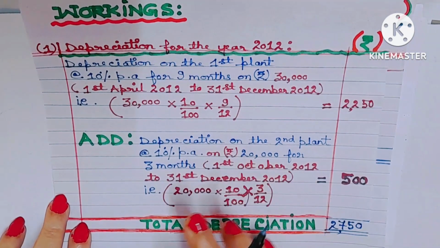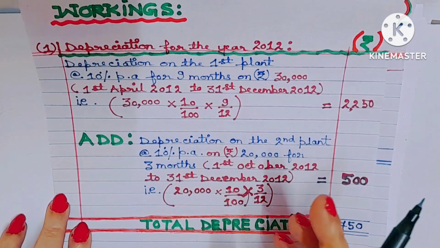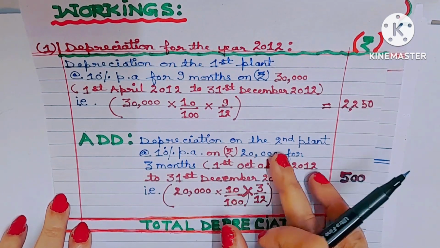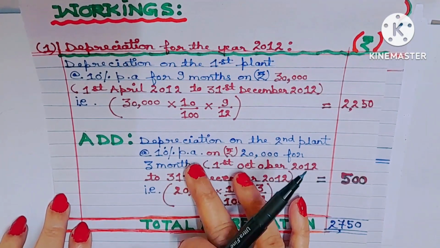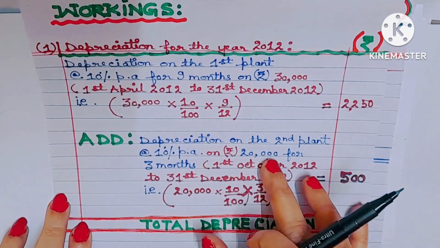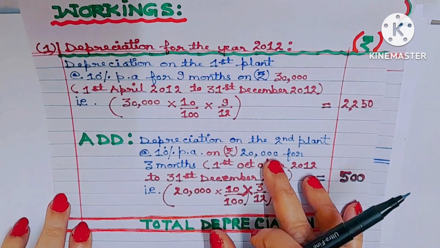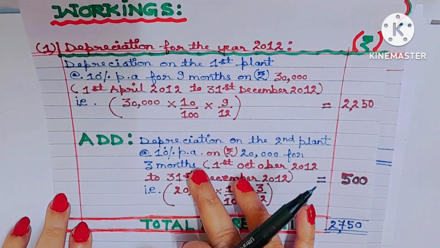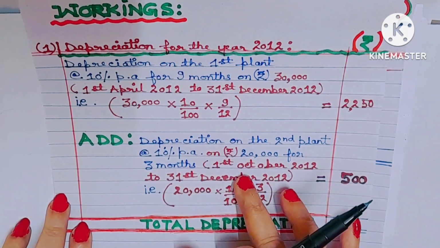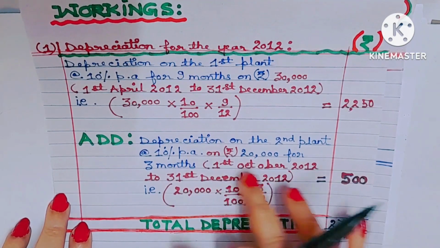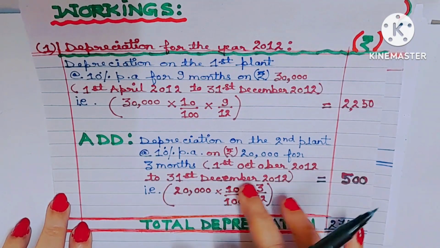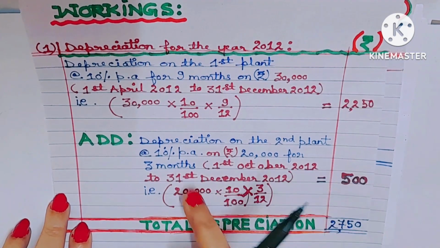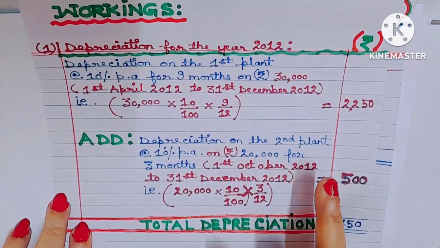And the same year there was the second plant. So what will be the depreciation for the second plant? Got to write, add depreciation on the second plant at the rate of 10% per annum on rupees 20,000, because the cost of the second plant was 20,000, for 3 months. Why 3 months? Because the second plant was purchased on 1st October 2012. So from 1st October 2012 to 31st December 2012 will give you 3 months.